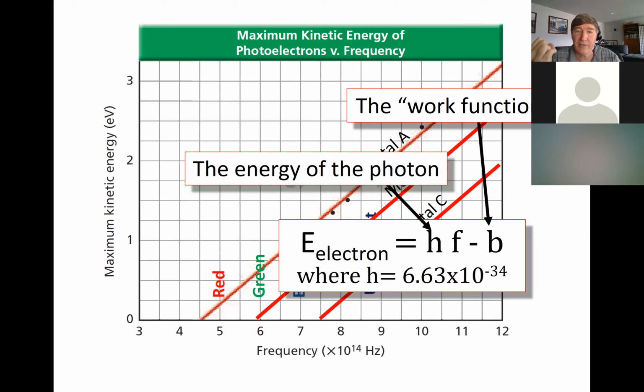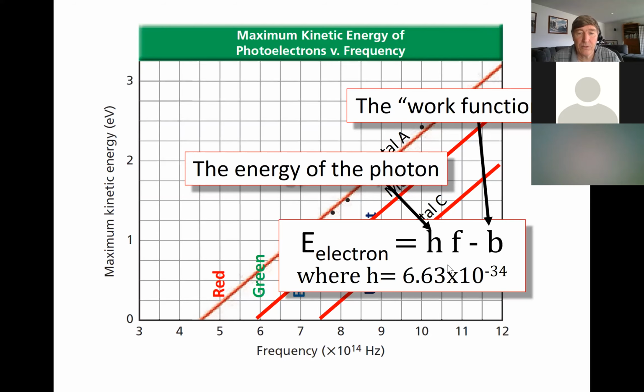The photon hits the electron and the electron jumps out, but some of those 10 units of energy got used up in breaking free. Let's say three units of energy were used to break the electron free. That means once it gets out of the metal, it has 7 units of energy left over. So remember this equation: the energy the electron has equals the energy the photon had, given by HF, minus the work function.